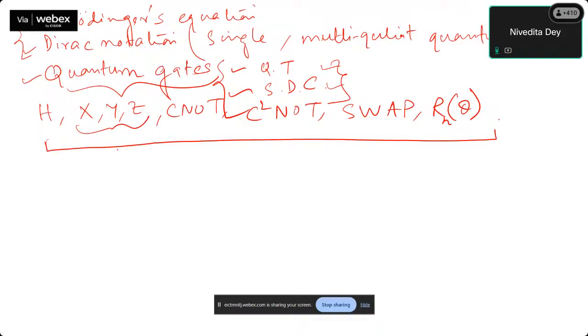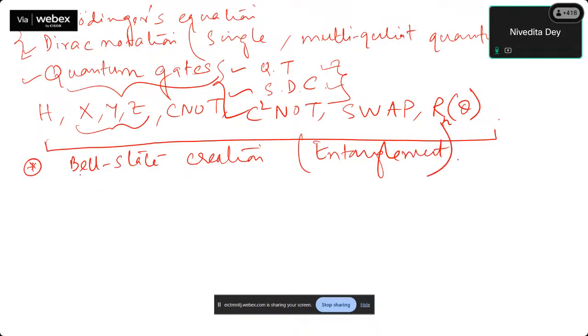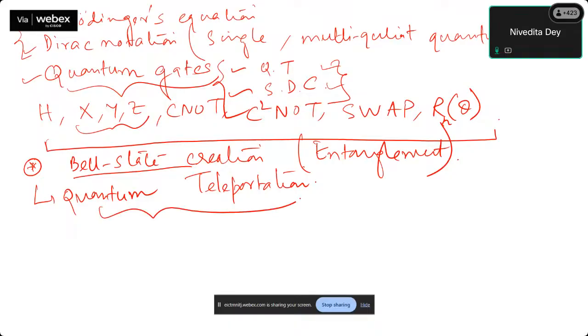Today we will start with a concept called Bell state creation. It's part of entanglement itself. Once we have a detailed understanding of the Bell states, the four Bell states available, we will enter into the quantum teleportation theorem and understand why, without cloning of a quantum state being supported at the receiver's end or the sender's end, we can actually transfer a message from sender to receiver.